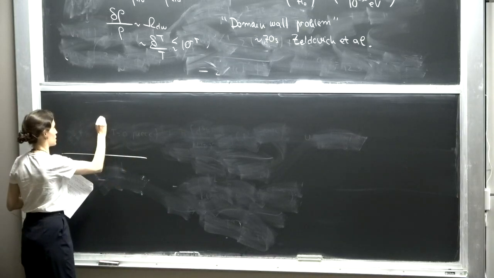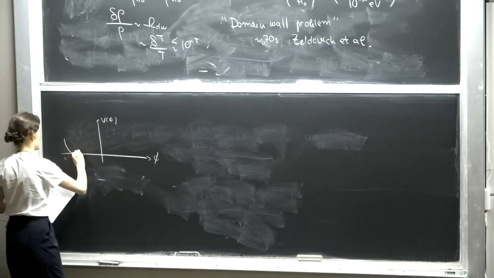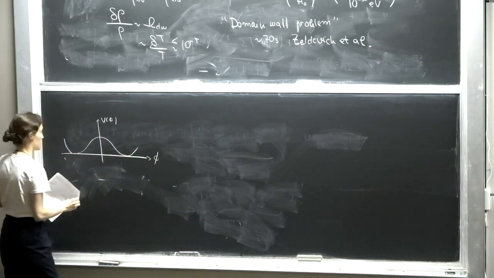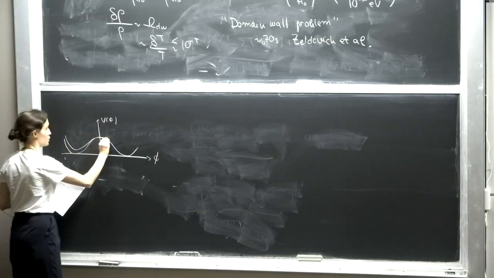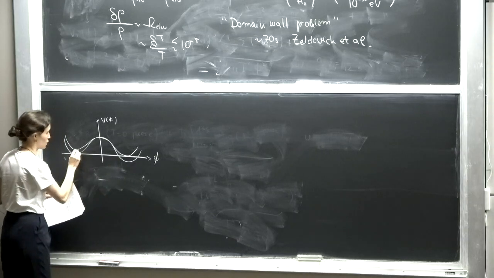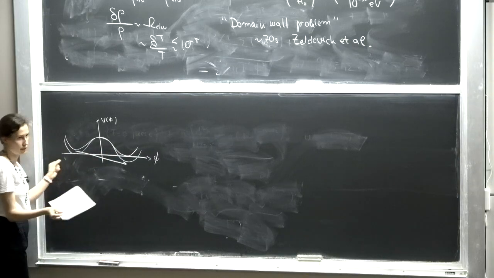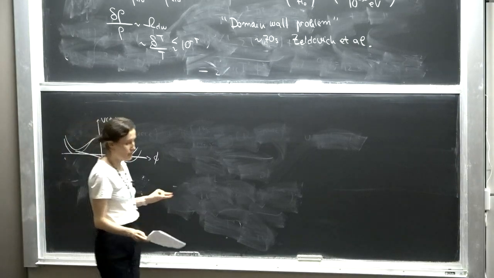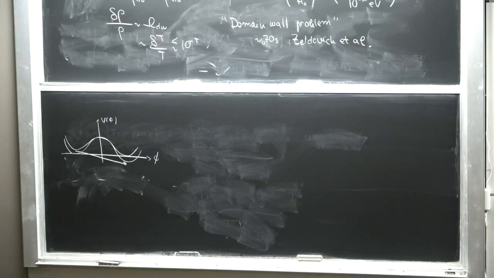So if instead of having two vacua which are completely degenerate, maybe there's a small imbalance in vacuum energies between one vacuum and another vacuum, then this energy gradient will make one of the two vacua energetically preferred, okay? And what will happen is that, let's say, in this case, the plus vacuum is energetically preferred.